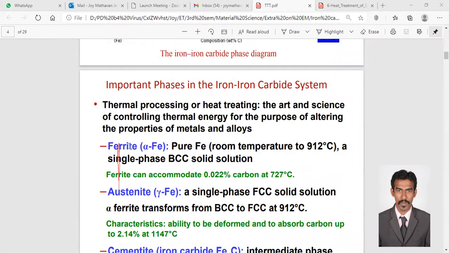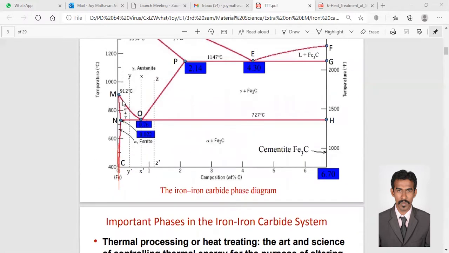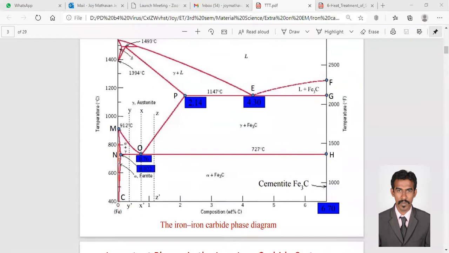You see here. So ferrite, alpha Fe, pure Fe, from room temperature up to 912 degrees Celsius, is a single phase BCC solid solution, right? So up to 912 degrees Celsius, this is alpha ferrite, which is of BCC structure, that is body centered cubic structure.